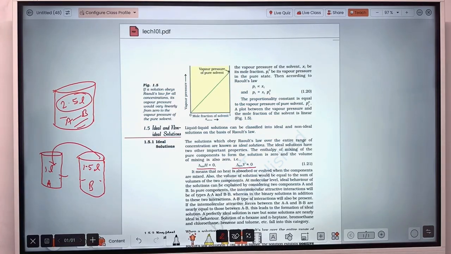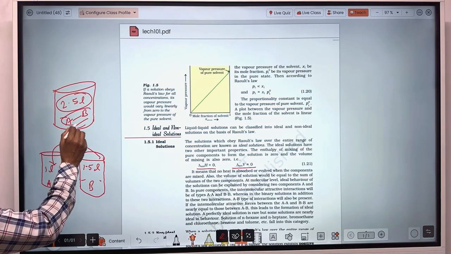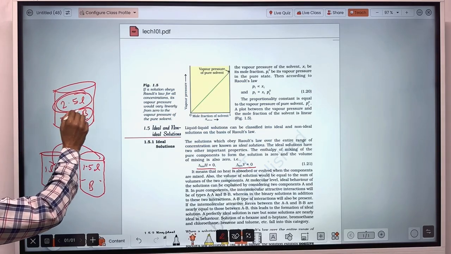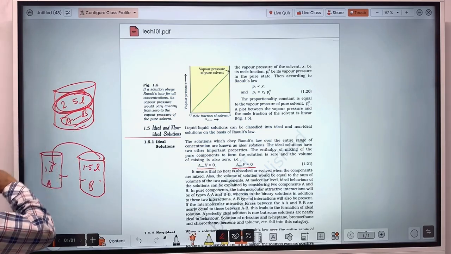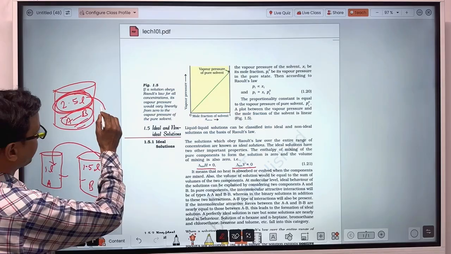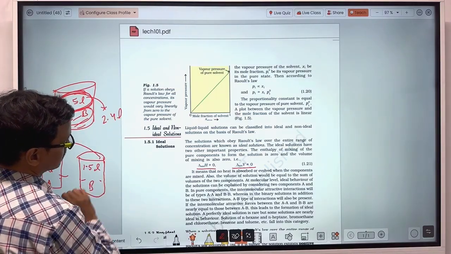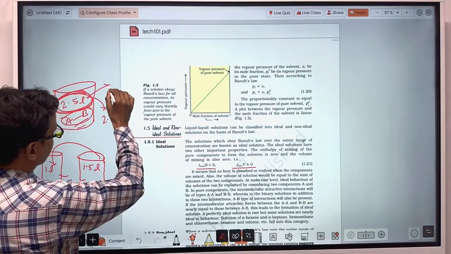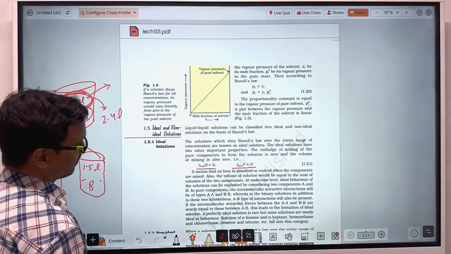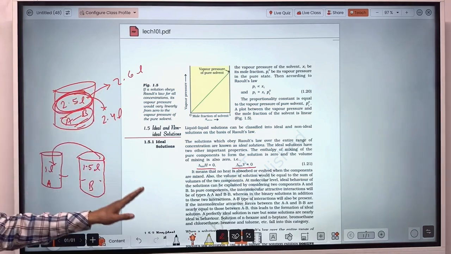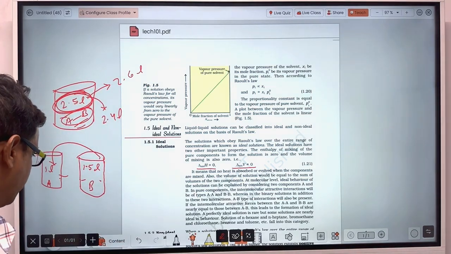In a non-ideal solution, what happens? When you dissolve A and B, the volume of the resulting solution may be less than 2.5 liter, maybe 2.4 liter, or maybe more than 2.5 liter, maybe 2.6 liter. So that solution will be a non-ideal solution.